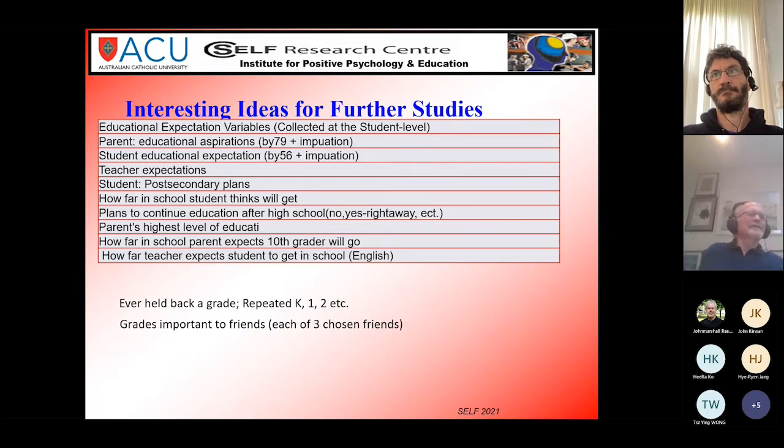Let's see, I was intrigued with this. I think a further study that I'm going to be looking at is looking at educational expectations. So at year 10, they have educational expectations from almost everybody. So there's one from the kids, the students, there's one from mother, there's one from father, there's one from a math teacher, there's one from an English teacher.